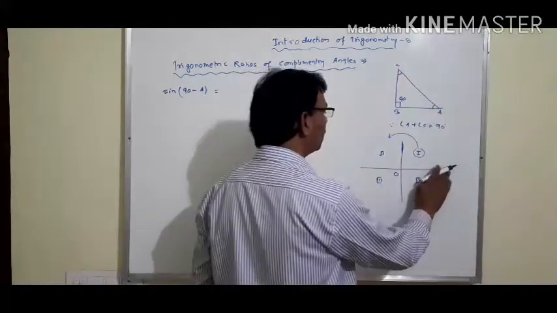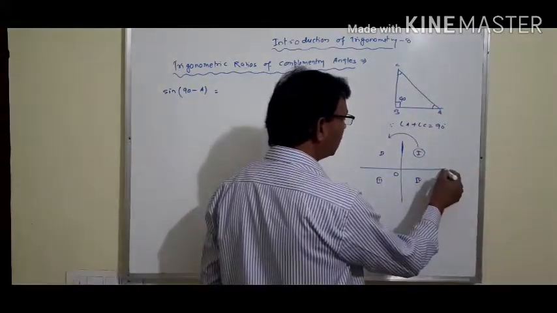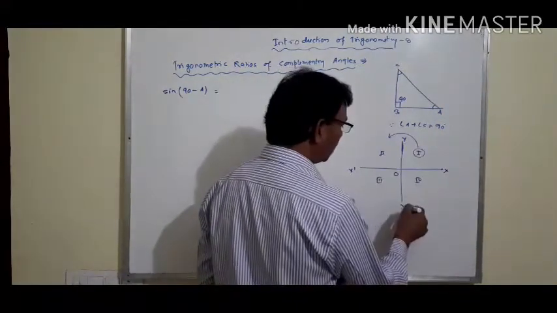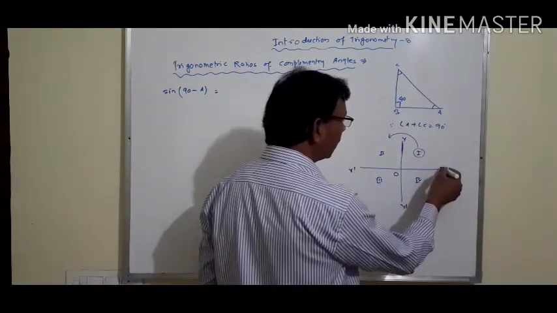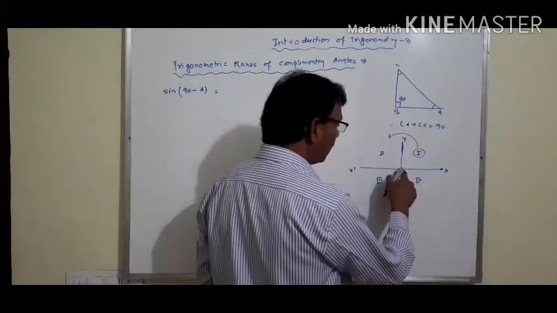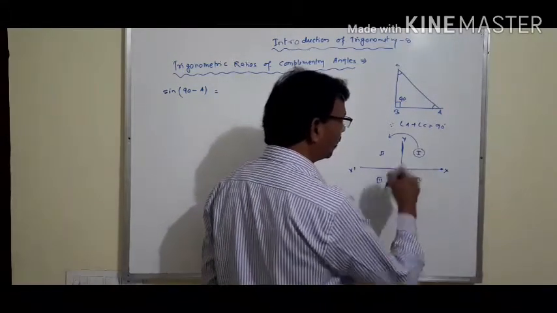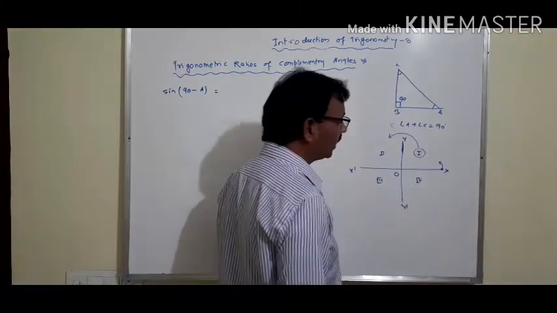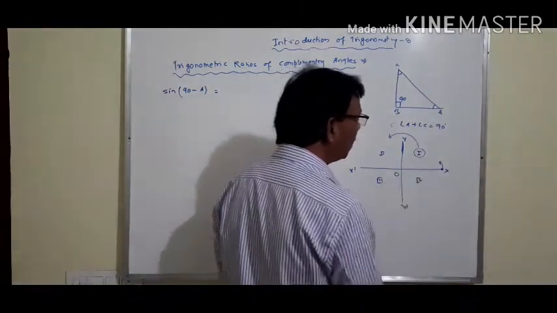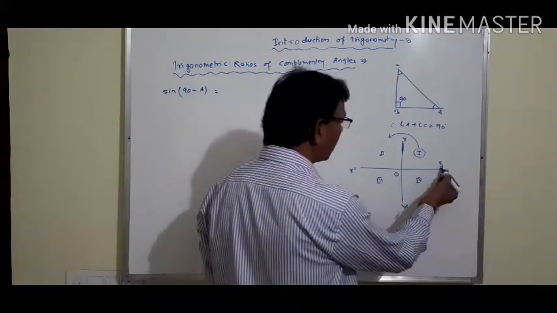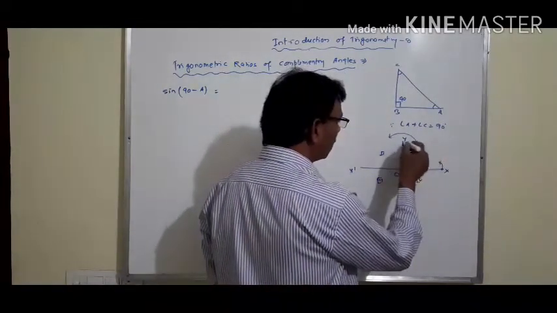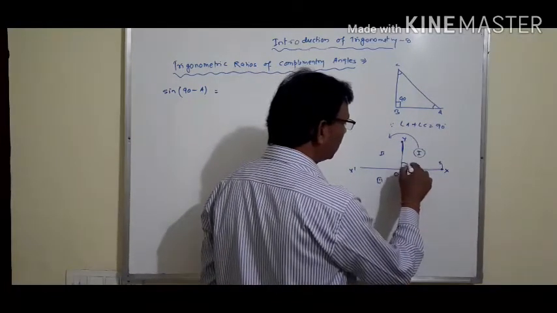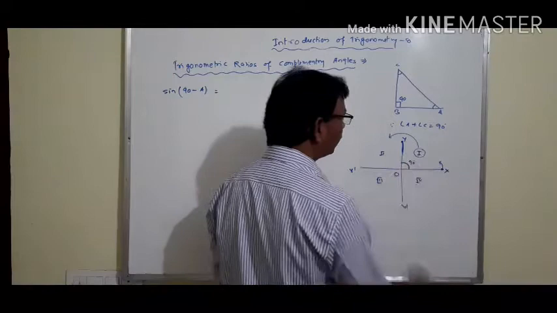If any particle moves from the x-axis, then the angle of that particle with the x-axis is 0 degrees, and as it moves in the anti-clockwise direction, the angle increases. If this particle moves and reaches the y-axis, this angle will be 90 degrees.